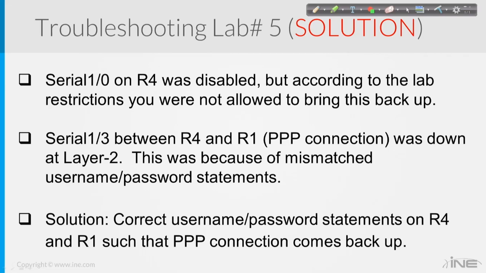But we saw that was down at layer 2, and this ended up resulting because of mismatched username and password statements. On one side, the password was in lowercase. On the other side, the password was in uppercase. And although the case of the username is not important, it is case sensitive when it comes to the password. Both passwords have to match in every way. So that concludes lab number 5.